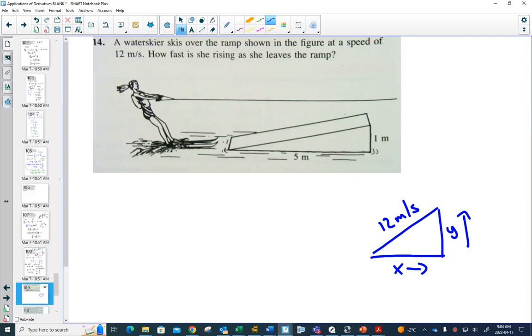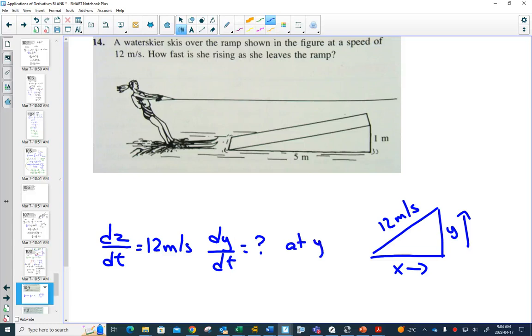What do we know? We know that, I'll use z, dz/dt is 12 meters per second. We want to find dy/dt equals what, when y equals 1.